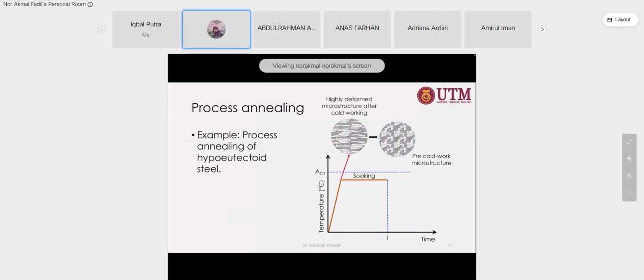But for this case, there is no austenite formation, because the temperature is lower than AC1. To obtain this grain recovery, if you cool it slowly, you can get a result similar to full annealing. But this process annealing, where the temperature is lower than the eutectoid temperature, does not involve the formation of austenite, and the limit is only up until 0.3% carbon.